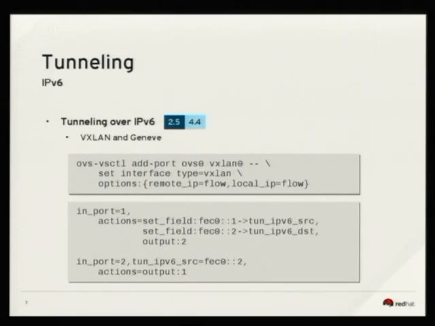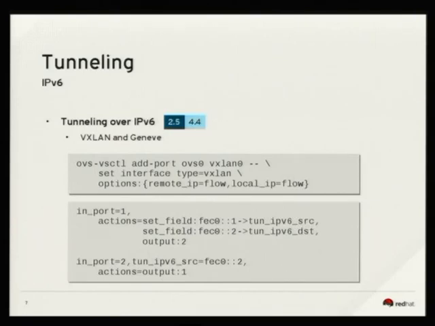So let's say that we create a VXLAN port, and we specify that we will supply the source and destination address later using the actual OpenFlow rules. So this will be the OVS command to create the port. This is the same, no change here. It's exactly the same as with IPv4. And then we can create OpenFlow rules that will actually do the tunneling. And again, it's really similar to IPv4, except we have this IPv6 keyword.